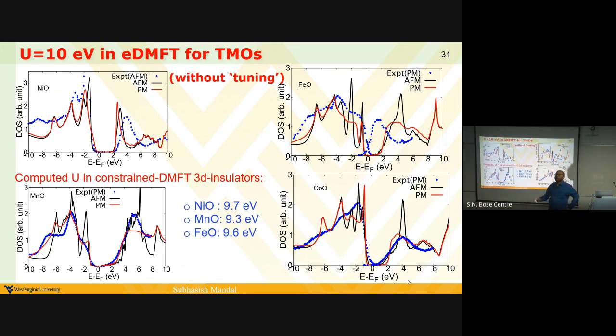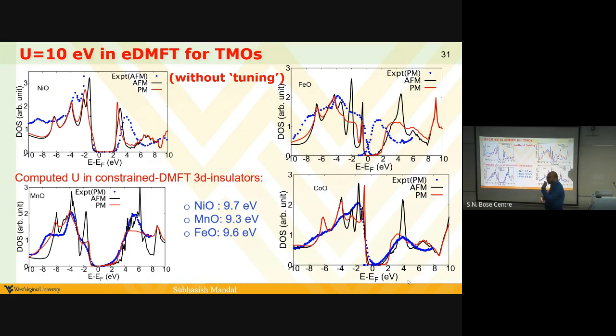Yes and no. In vanadium oxide again, it depends. For the insulating case, you still can get a very nice match with U equal to 10. But for the metallic case, for example VO2, it undergoes a phase transition. Yes, exactly. That's what I'm saying. There is also a structural phase transition, a dimerization.